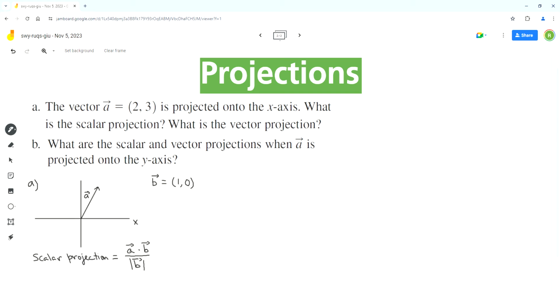So we could have used 2, 0 or 3, 0 or any other point, and we would have gotten the same answer. So this is an important concept you need to understand and memorize about projections.